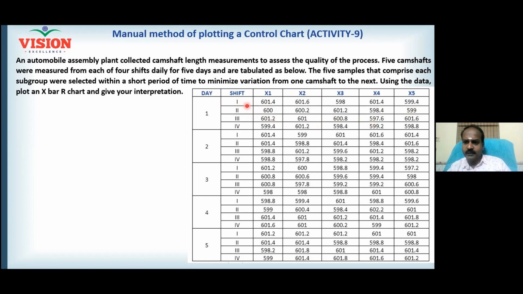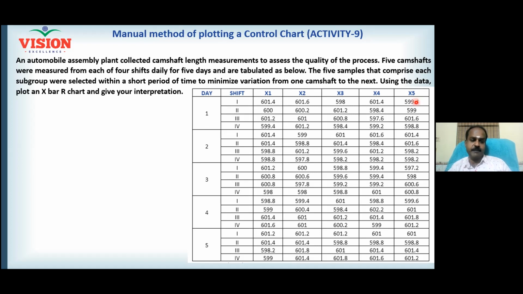Why do you take samples? Because you want to understand how is your production and how is your result in the first shift. Am I right? Yes or no? We select 5 samples from shift number 1. Why are we selecting 5 samples?